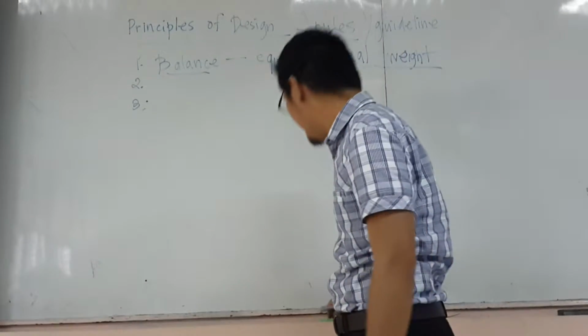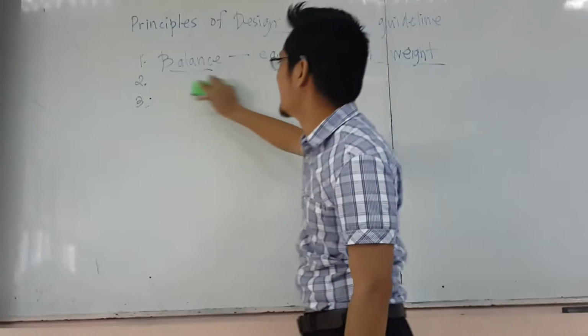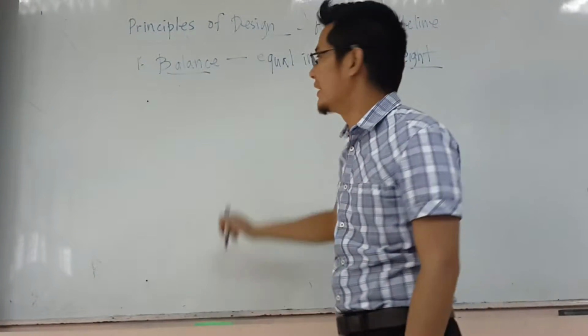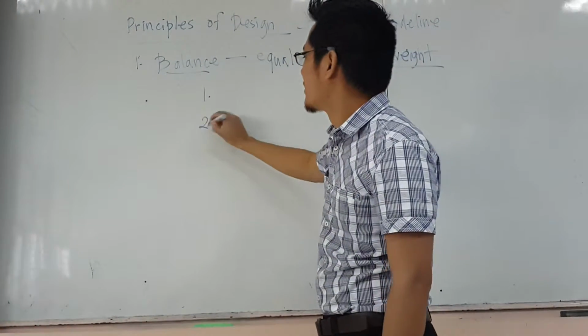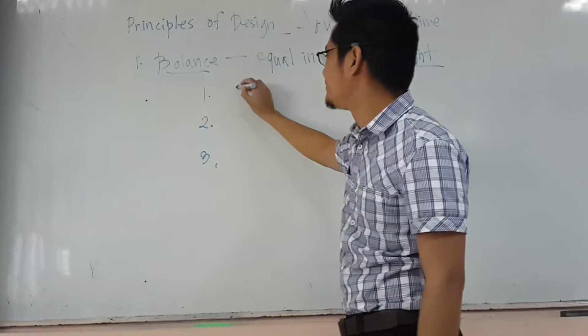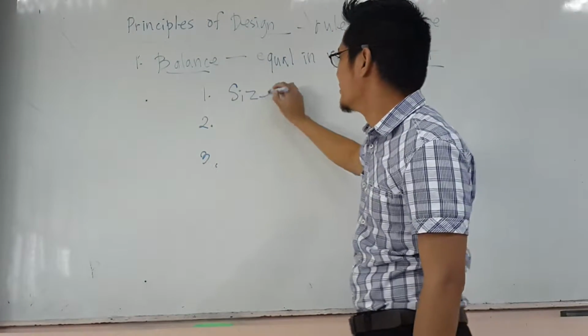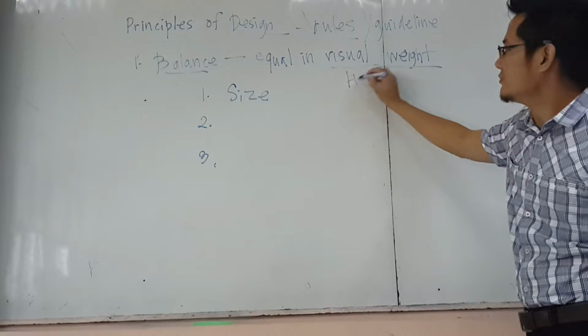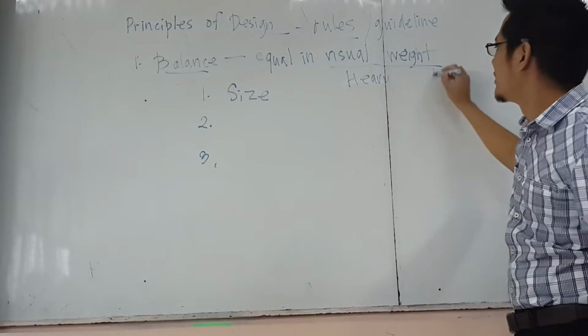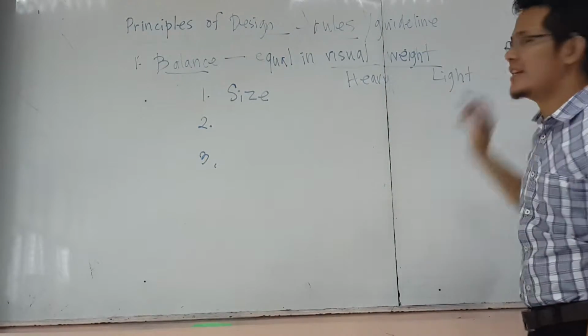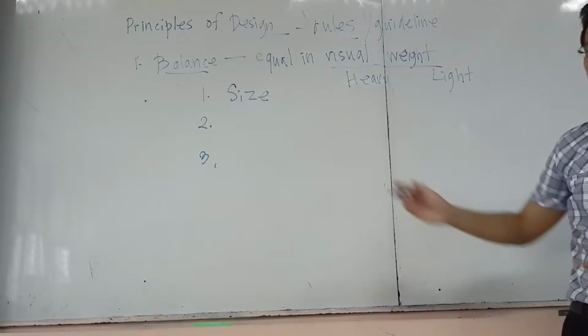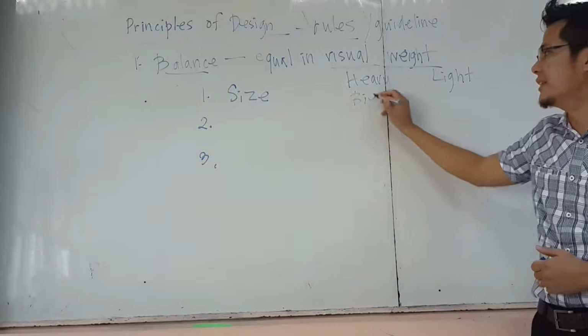Now let's talk about the factors that affect the weight. The first one is size. If an object is big, it will look heavy.